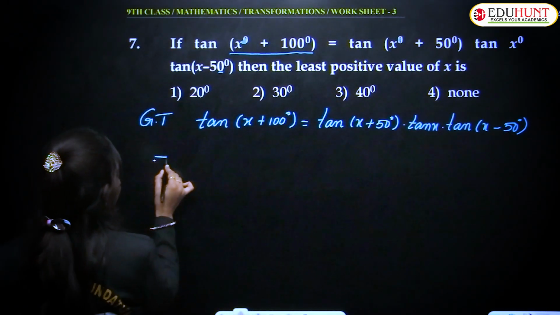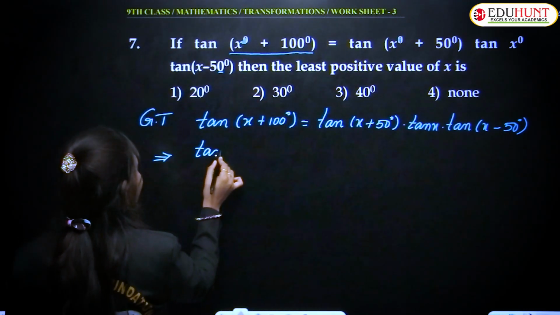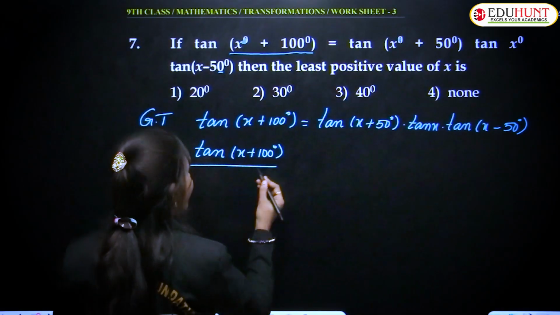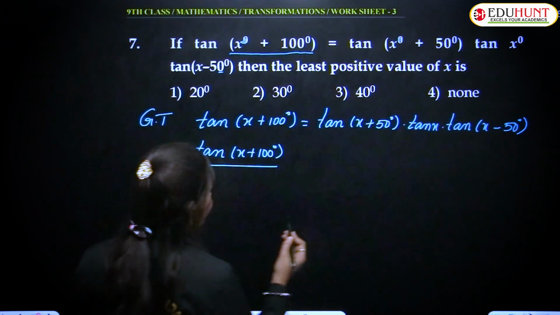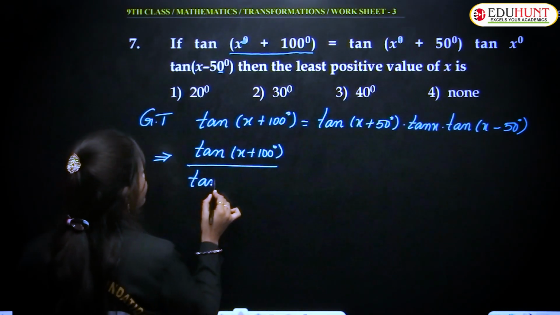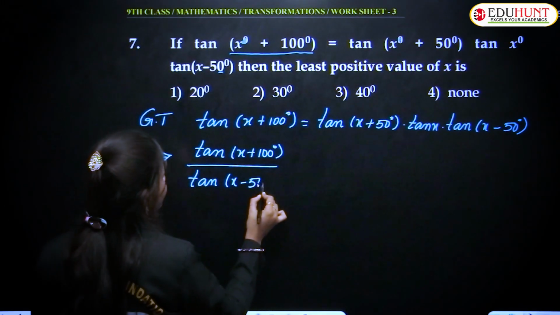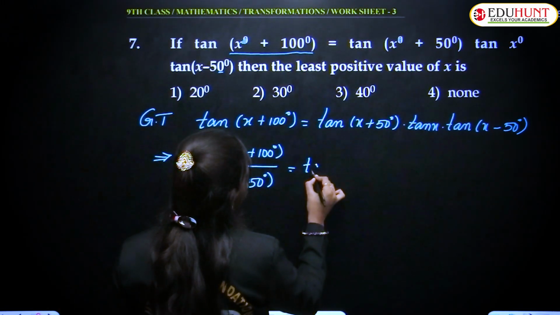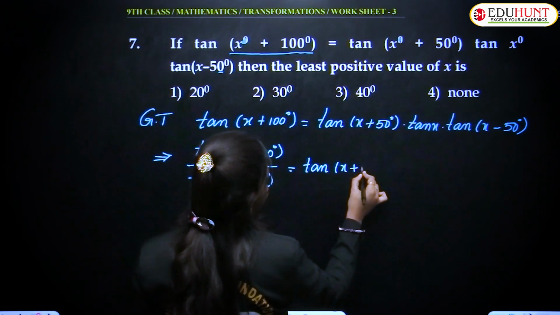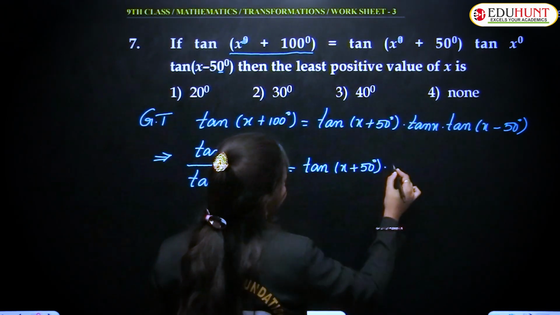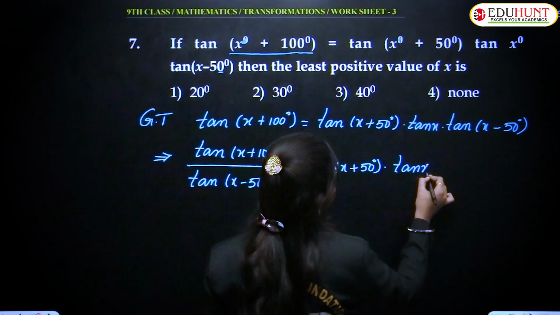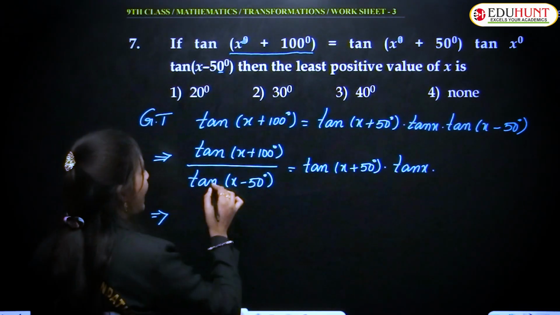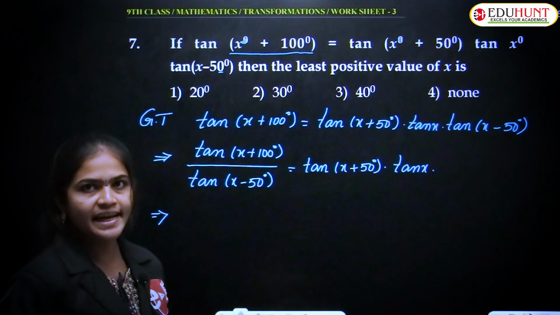Now I want to write this as tan of x plus 100 degrees whole by tan of x minus 50, taking the transpose here. Shall we write like this? Which is equal to tan of x plus 50 degrees into tan x. Clear? So from this, we can write tan in terms of sine and cos.